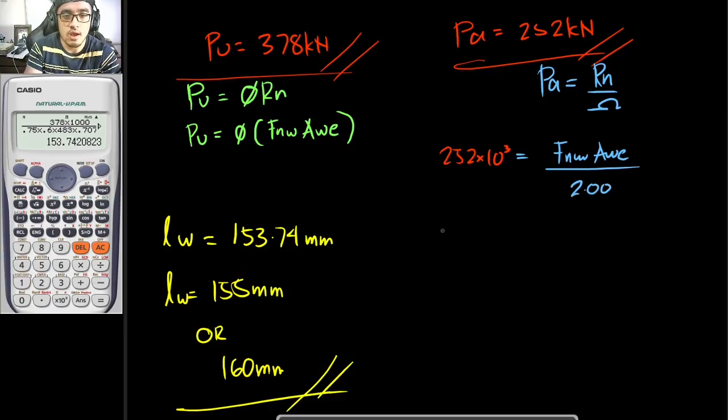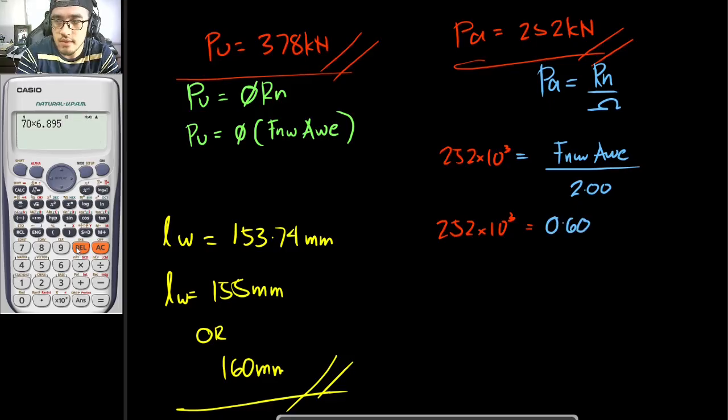And substituting everything that we know, 252 times 10 raised to 3 is equal to, what would be our Fnw? That is 60% of 70 kips per square inch in megapascal, and that is 483. So once again, this whole right here is just your Fnw.